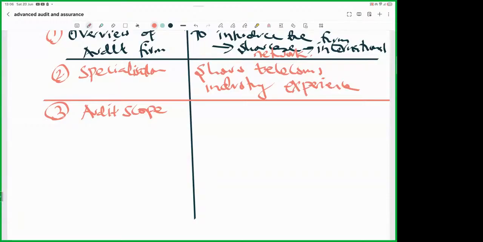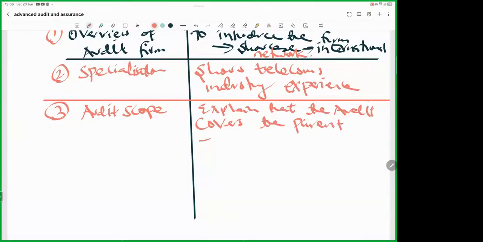Explain that the audit covers the parent and its subsidiaries. You want a lot of work, so simply say that you want to become a group auditor who will be able to do group accounts, including auditing the subsidiaries, and who will also be able to handle components.